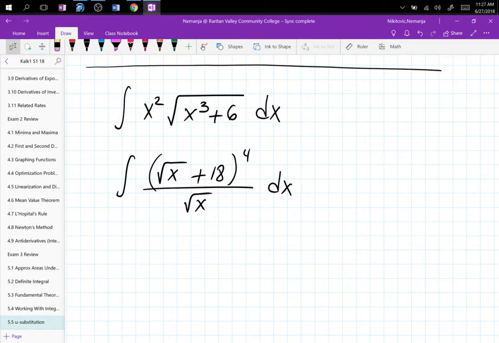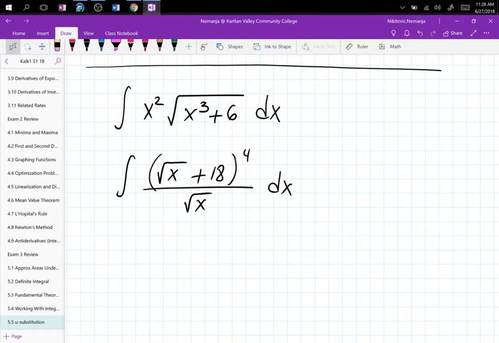The trick to being successful in solving these u-substitution problems is figuring out the function derivative pair. These two problems both have square root of x in them, but they are vastly different because in the top problem the u is under the square root, because x cubed has its derivative as x squared, whereas in the bottom the square root of x plus 18 is u, because the derivative of square root of x is 1 over another square root of x.